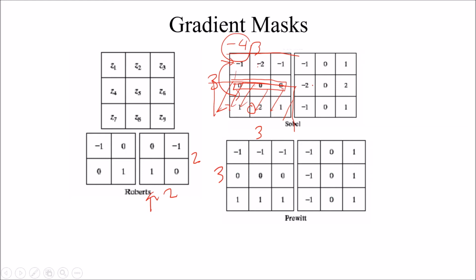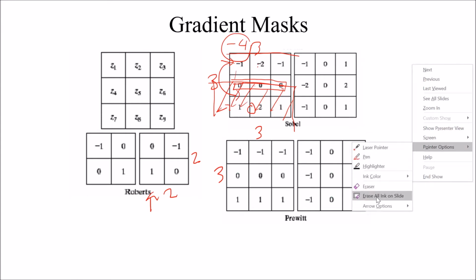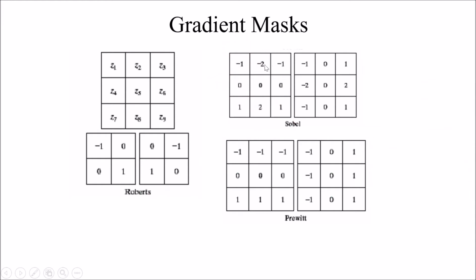This value will later be used in order to determine the edge. For the Sobel, this type of kernel will be utilized to determine the magnitude in the x direction, whereas the kernel on the right side will be used to determine the magnitude in the y direction.